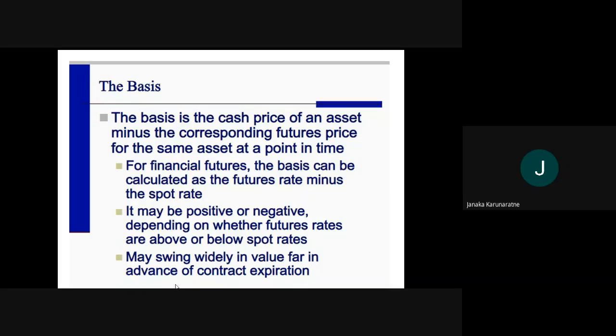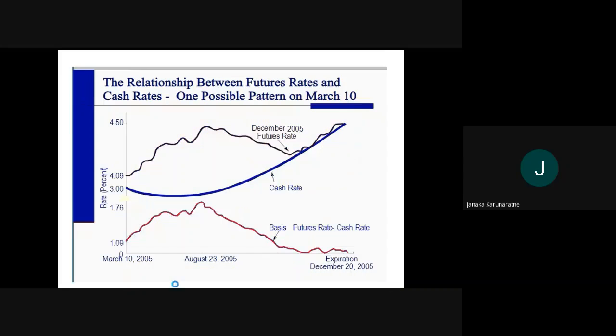When you are far from the expiration date, the fluctuation is very large, but when you are close to the expiration date, the fluctuation will be minimum. In other words, the futures price will reach the cash price when the expiration date is much closer. That is the meaning of the basis.